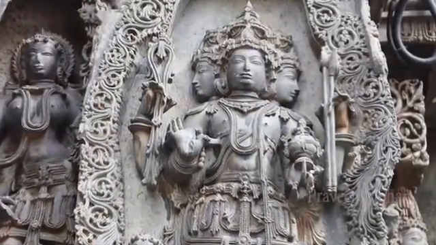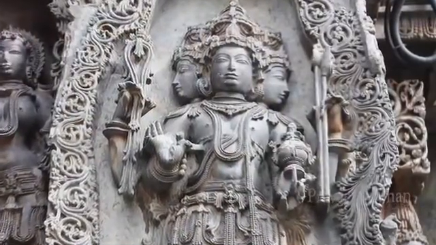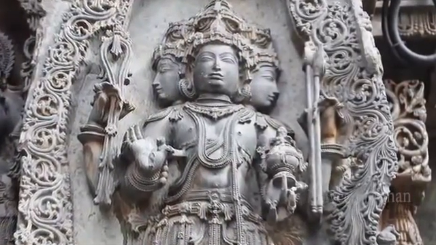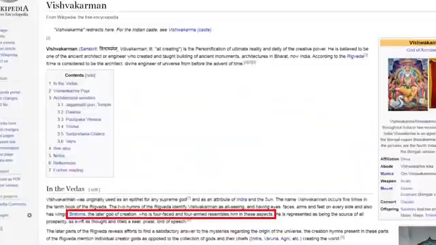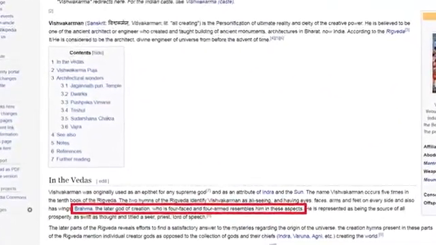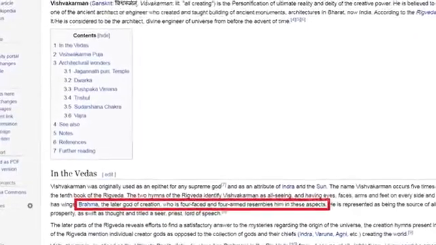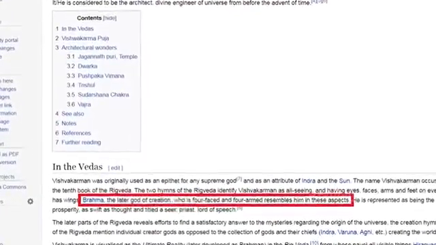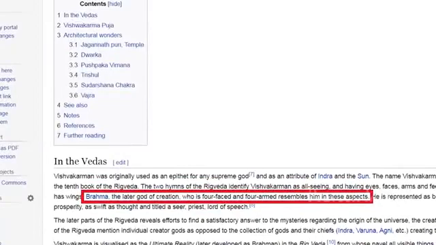I have just started to uncover the secrets of the ancient architects called Vishwakarman. It's very hard to differentiate Vishwakarman and the creation god Brahma because they are both depicted with similar features in many temples and in ancient Hindu texts as well.